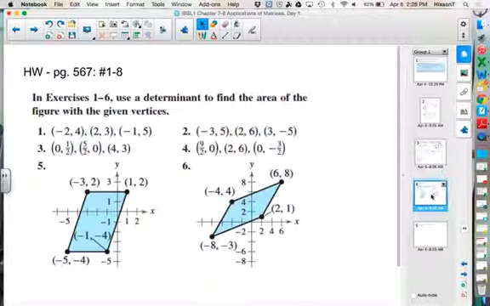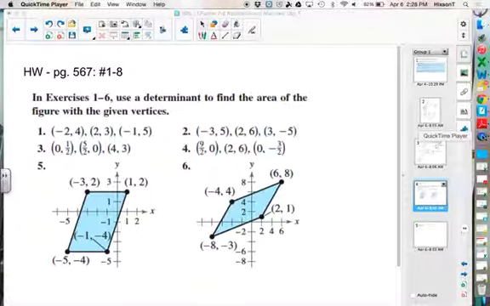The first few, you're given triangles. Here on 5 and 6, we have quadrilaterals, so how do we handle those? Divide it into 2 triangles. Yeah, cut it into 2 triangles. Alright, so I'm going to let you guys get started working on that with the remainder of our time.